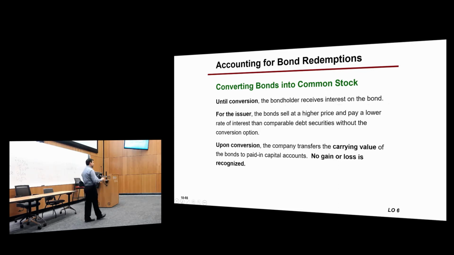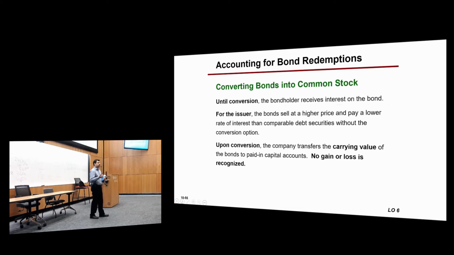The company will keep paying interest until those bonds are converted to stocks, and will stop paying interest when they are converted. When the bonds payable are converted, the company will ignore market value. Why is that? They are converting a debt.